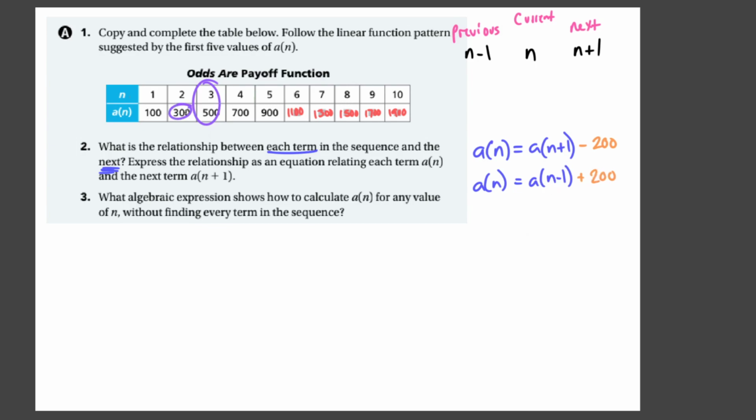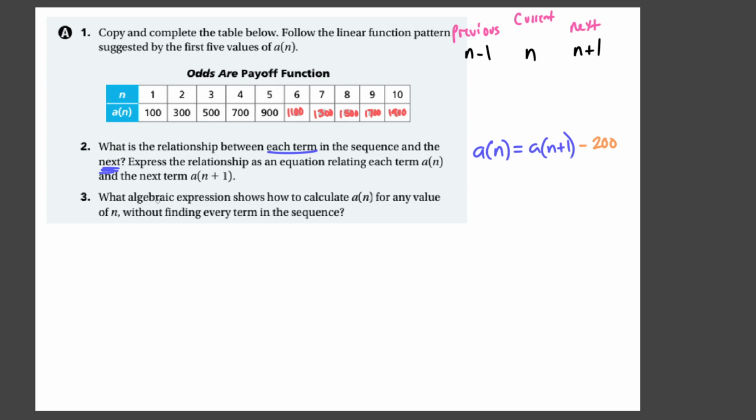Previous term, add 200 to give me 500. So it's really very reliant on term placement. Where are these terms in here? Cool? But it didn't ask for the previous term, it asked for the next term. So that is the equation in terms of the next term.